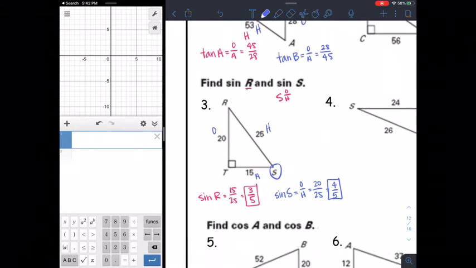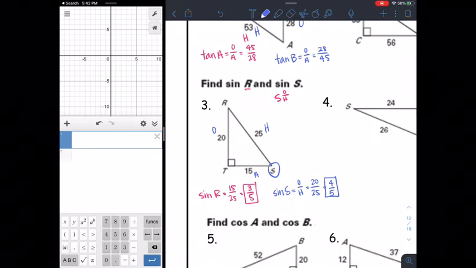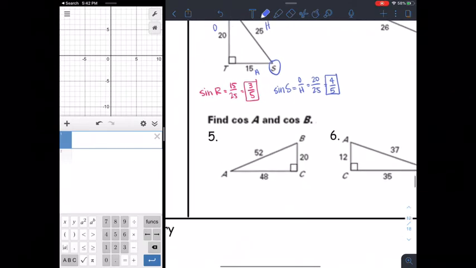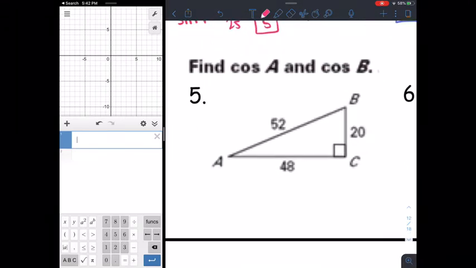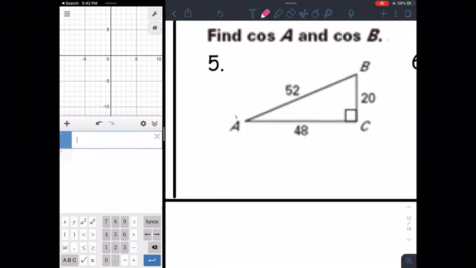Those are my ratios. Again, we're not solving for anything. We are just setting them up. And the last set here, in setting up our ratios, if I want the cosine of A, here's my hypotenuse and my adjacent and my opposite.